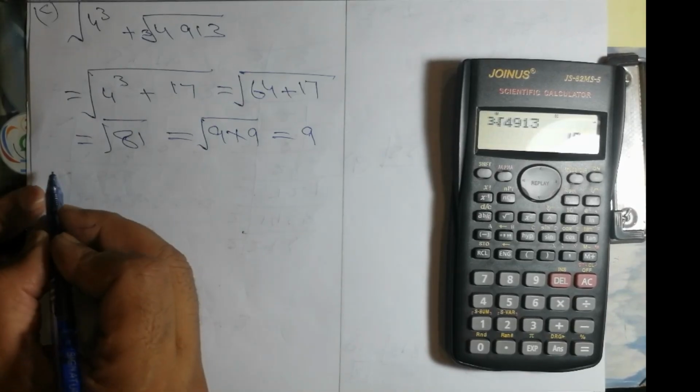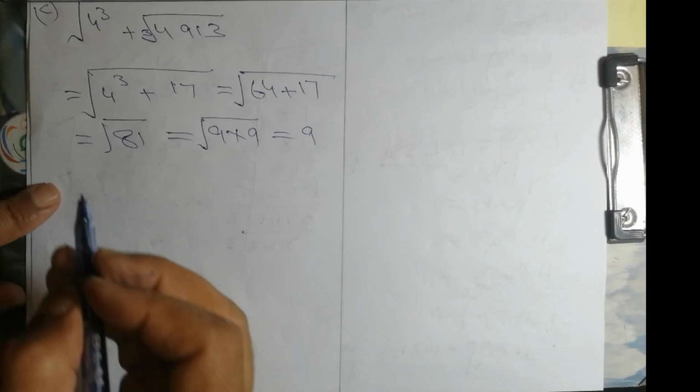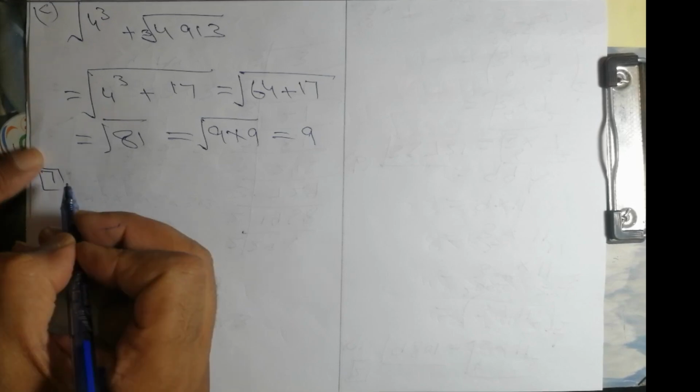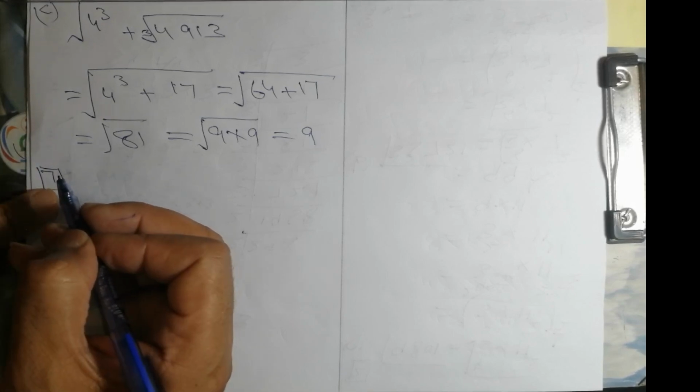Now question number 7 is: find the smallest non-zero whole number which can be multiplied by 112 to give a square number.